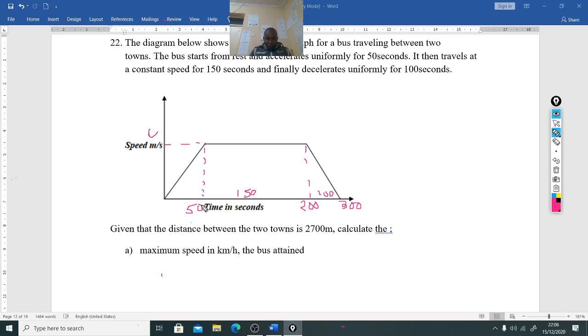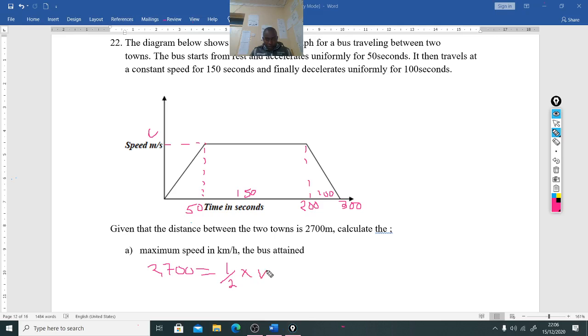So therefore, the area under the curve, all of this thing, is a trapezium. And the area of a trapezium, 2,700 meters, would be equal to the area, it is half (a plus b) times the height.